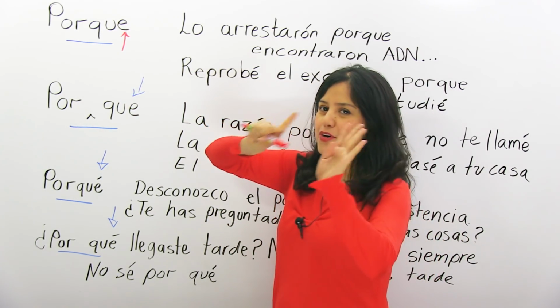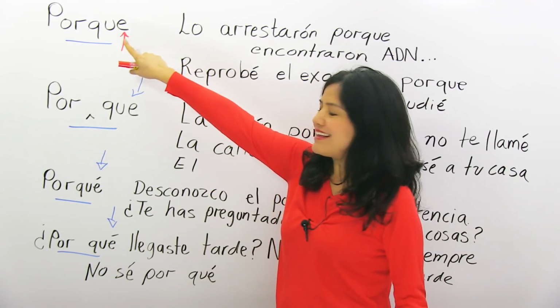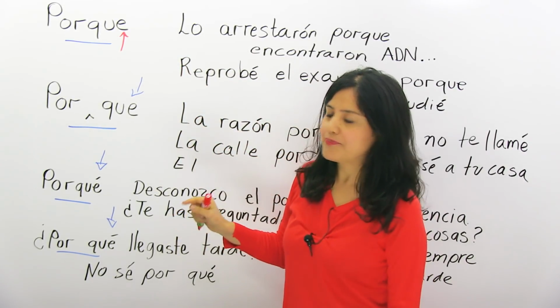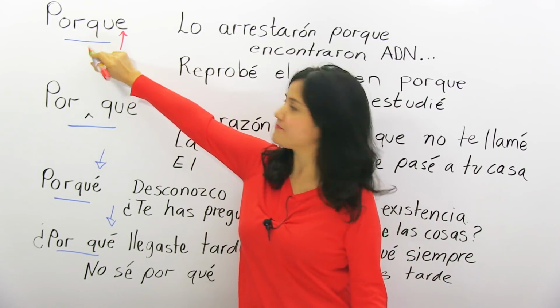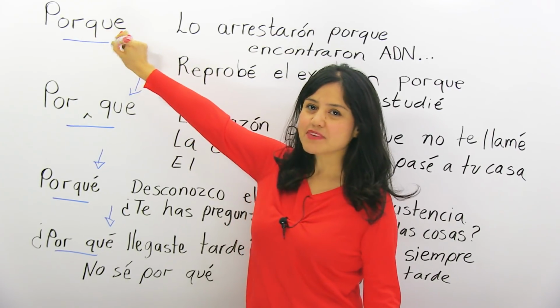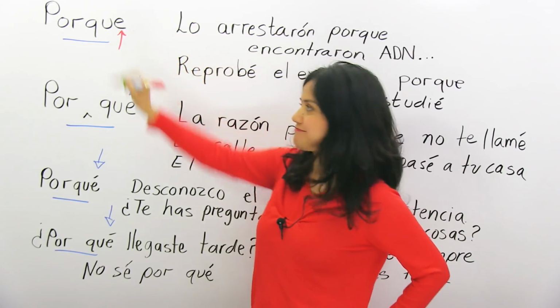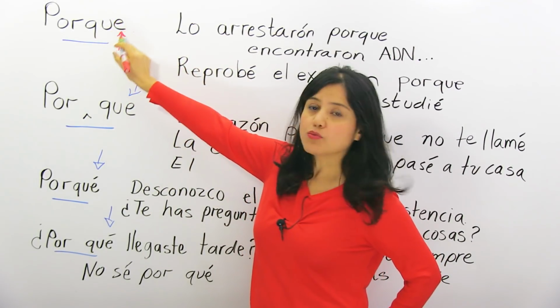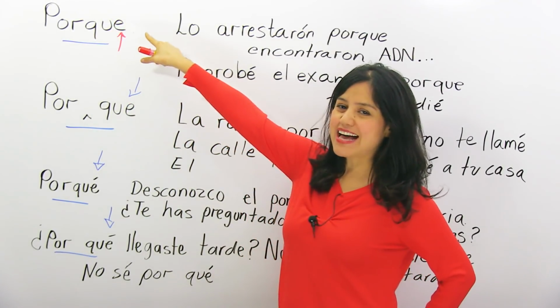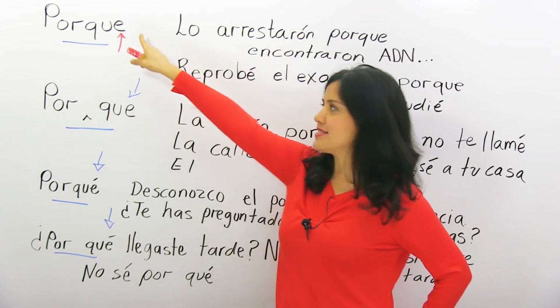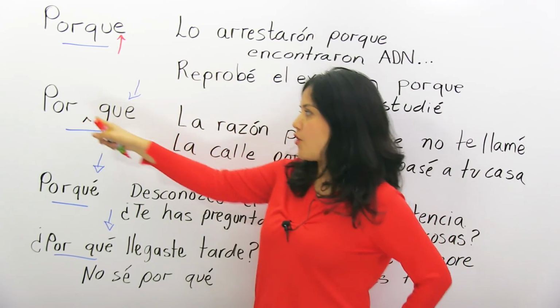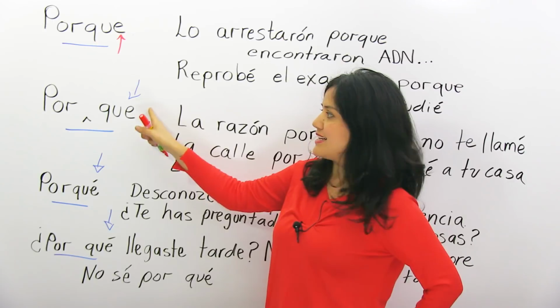We're going to talk about por qué because there are different combinations. It has to do with the space between por and qué, and it has to do with the accent mark in the é. ¿Por qué? Without space, without accent mark. Sin espacio y sin acento. Por espacio qué, sin acento.